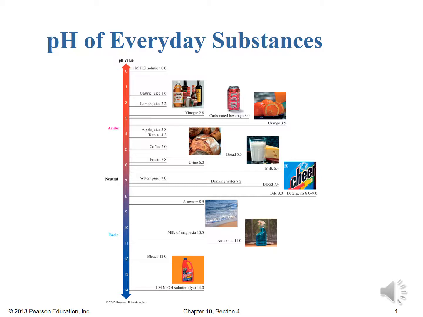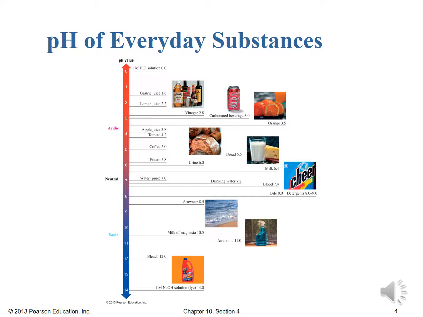And as we look up, 14 would be a 1 molar NaOH solution. NaOH or KOH, either one or the combination, is often referred to as lye in everyday language. But we could certainly have a more concentrated NaOH solution or a super base that could go above 14, but like I said, we'll stick in that range for our course.